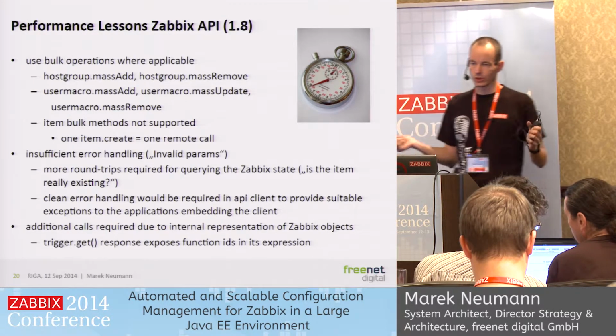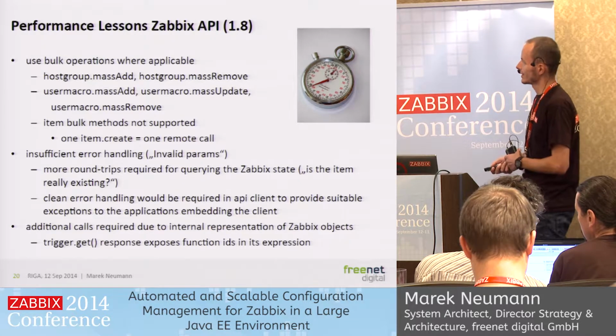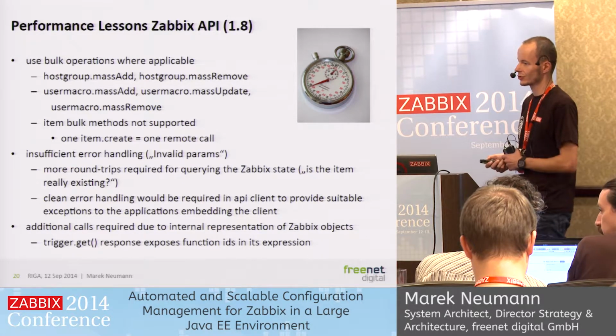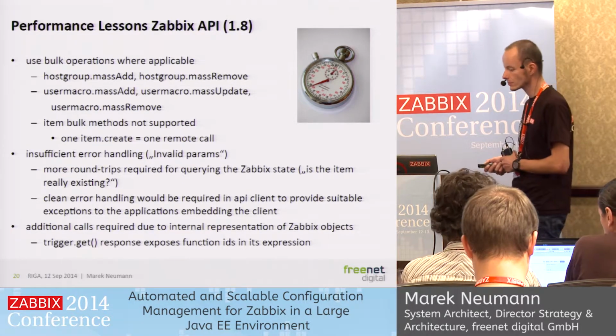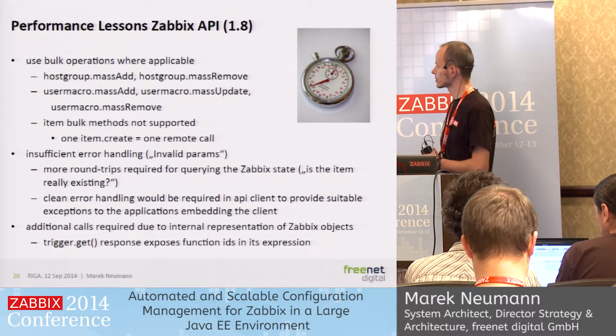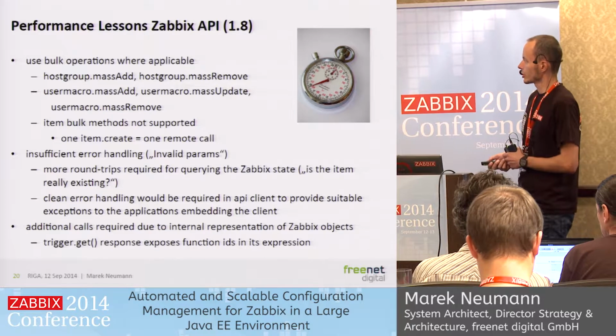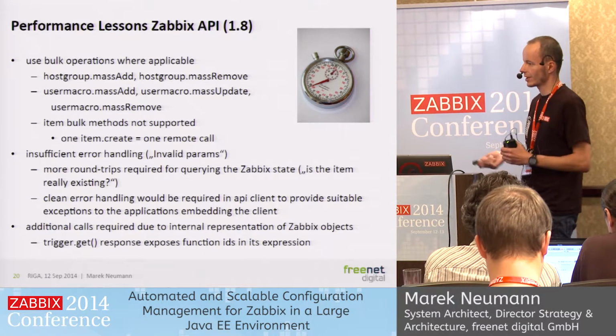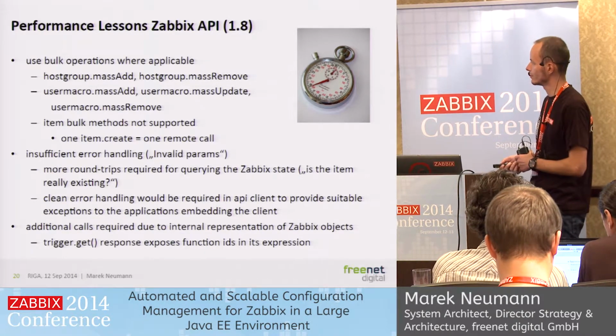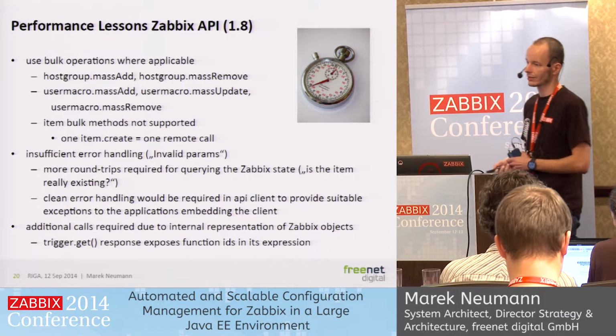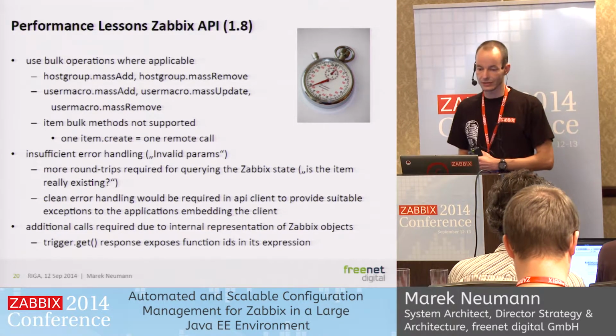So what did we learn during the implementation? The Zabbix API in version 1.8, the design is sometimes a bit poor. So not all operations can be used as mass operations. The error handling is insufficient.